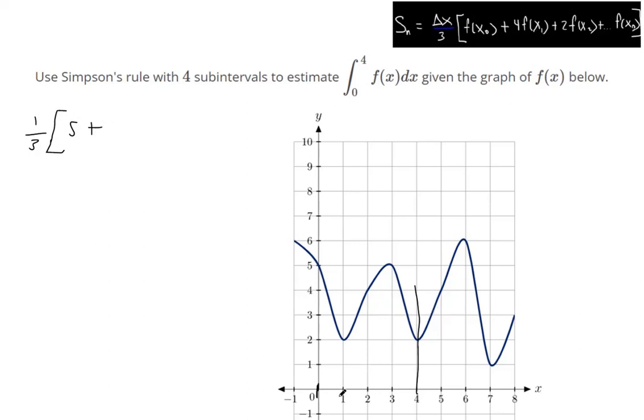At x equals 1, x sub 1 has a y value of 2, so that's 4 times 2. Then x sub 2: if we plug in 2, we get 4, so this is 2 times 4. Remember, it goes times 4, times 2, times 4, alternates. And the last one we don't multiply by anything. If you plug in x equals 4, you get y equals 2.